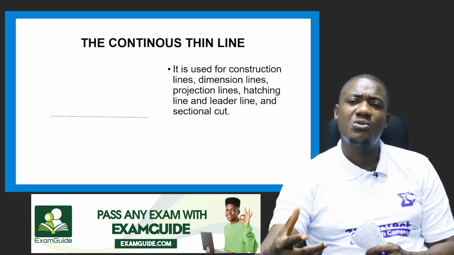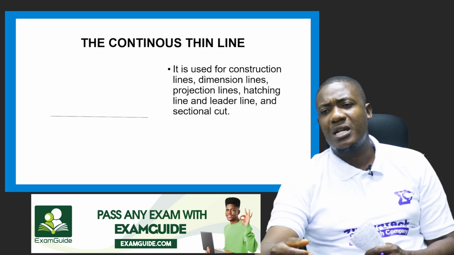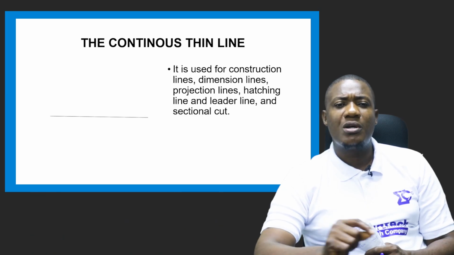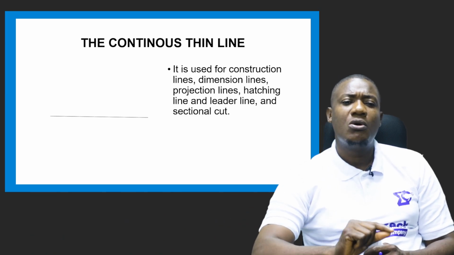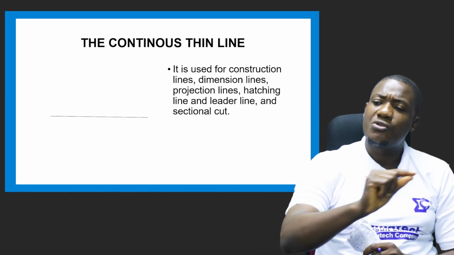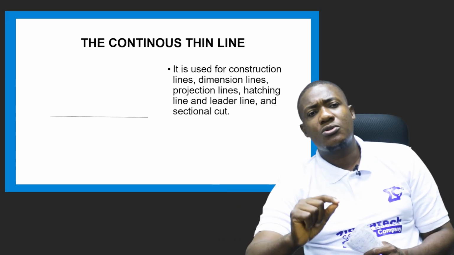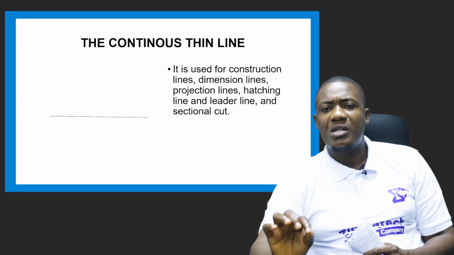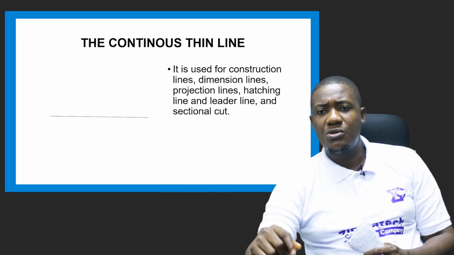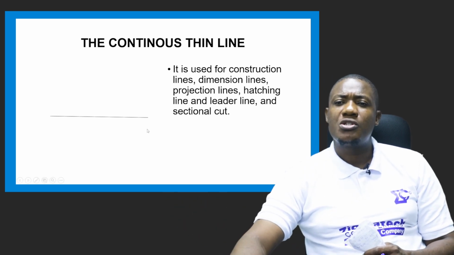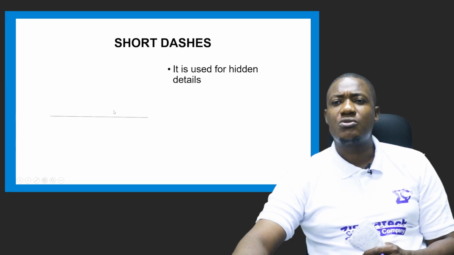All these are things we use the continuous thin line for. You want to show your projections, you want to show the drawing lines or construction lines, as the case may be. You want to show the dimensioning of lines. We use the thin continuous line or continuous thin line to show that.